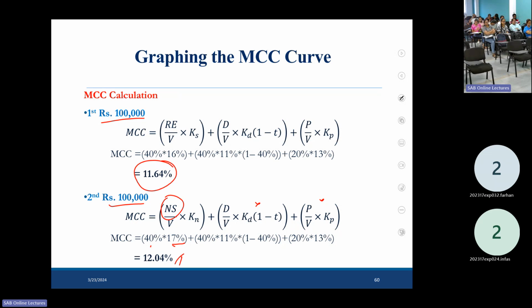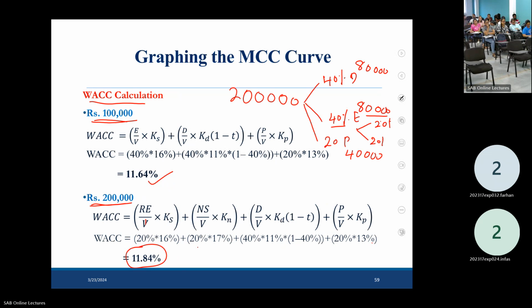If you increase this 100,000 by 50,000, this is the relevant cost. This is MCC. However, when you add the extra 50,000, your total capital is financed like this: retained earnings 40, with 20 from retained earnings and 20 from new stock issue.